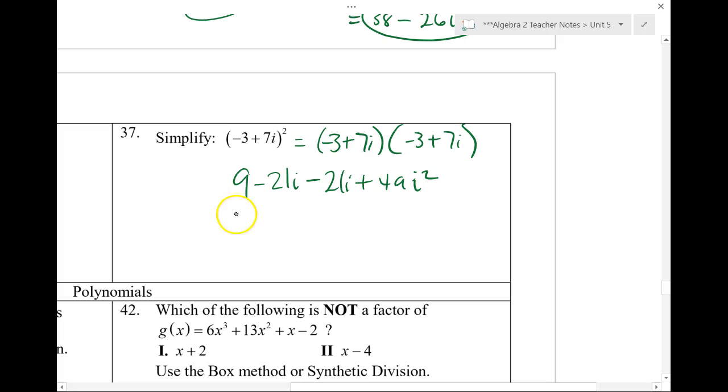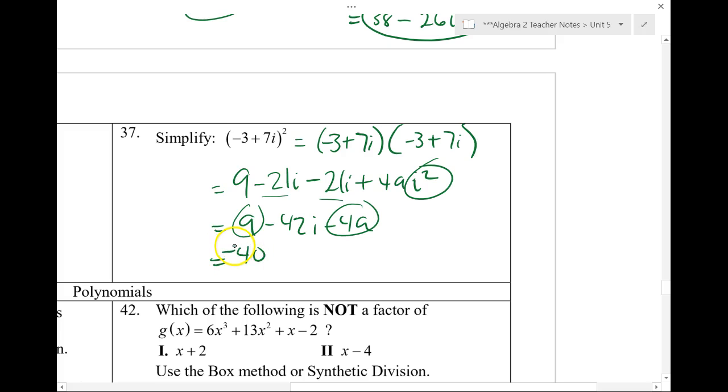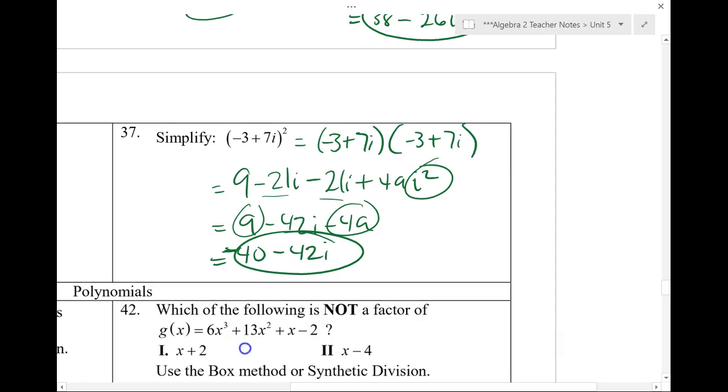Okay, let's combine terms. 9 here, then we have negative 21 and negative 21, which become negative 42i. And then the last number will become negative because of the i squared, which is also negative 1. Then we combine the 9 and negative 49, so 9 minus 49 would be negative 40, minus 42i. And remember, your real number has to go in the front first. So that's why I put the negative 40 on the left and the negative 42i on the right.